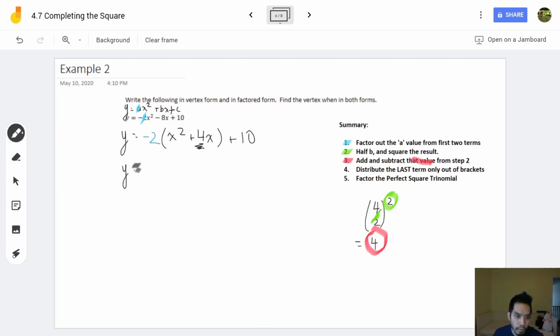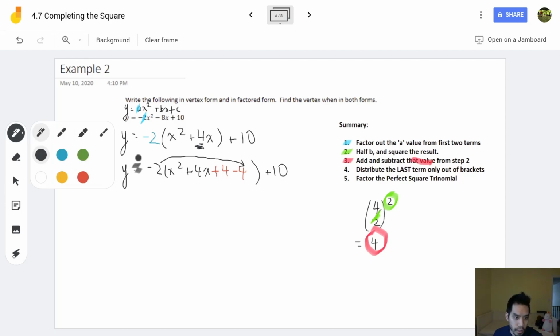So we have x squared plus 4x, and what we're going to do is add and subtract that value, which is 4 minus 4, plus 10. The next step is to distribute the last term only outside the brackets so that we have a trinomial inside here. Right now I have 4 terms, I only want 3 terms, so I'm going to multiply this -2 and that -4 out.